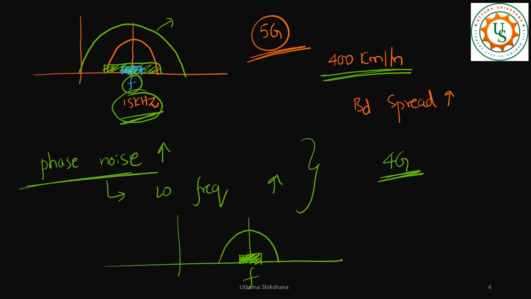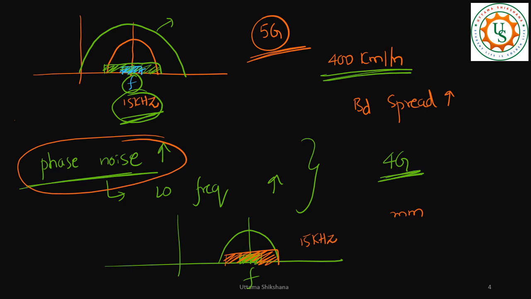But moving to millimeter waves in 5G, phase noise and its spread have become significant, and 15 kilohertz will not be robust enough to cater to the phase noise effects. So we need a higher subcarrier spacing. That is also one of the reasons we went to higher subcarrier spacings.